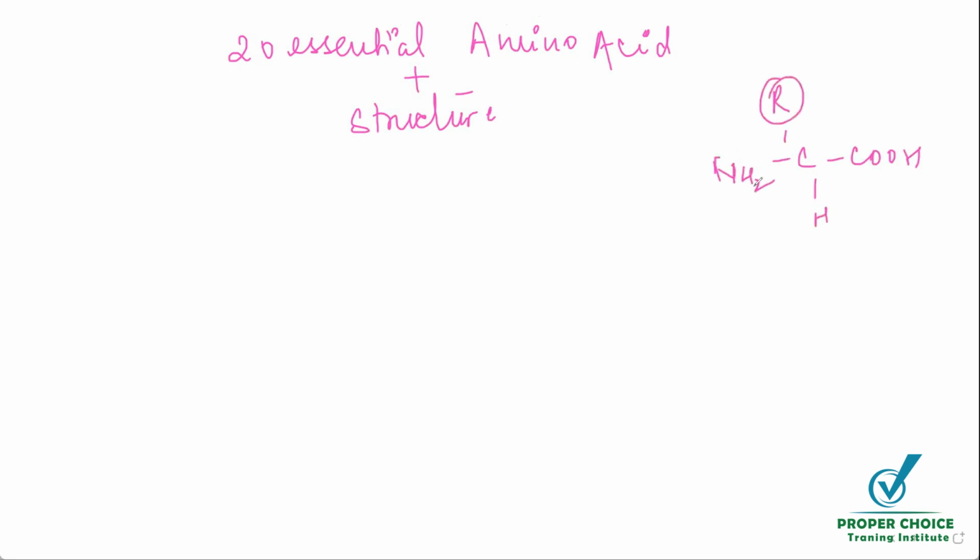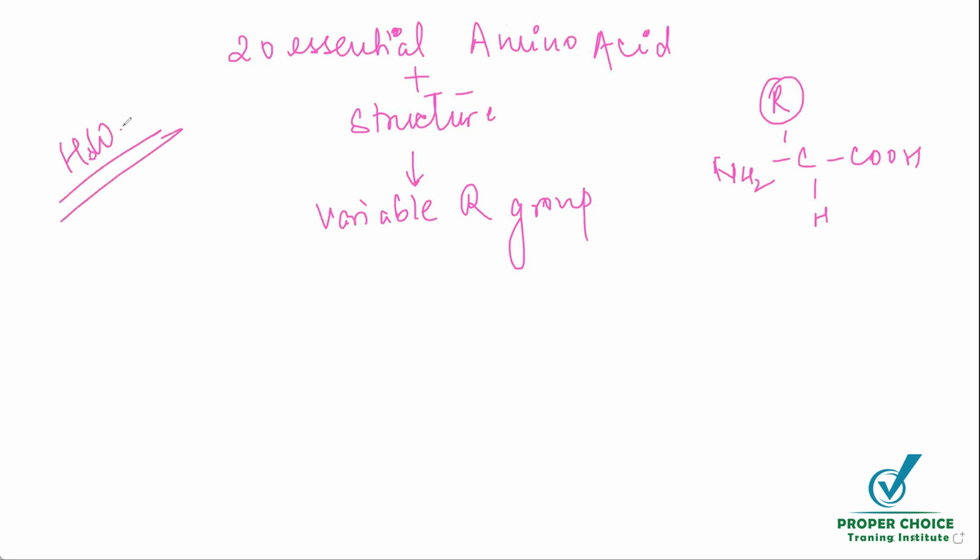Will be in this R variable group. So just figure out what is this variable R group, and then you will come across 20 essential amino acids. So this is your homework. Okay, positively do it so that we can discuss in the next class.